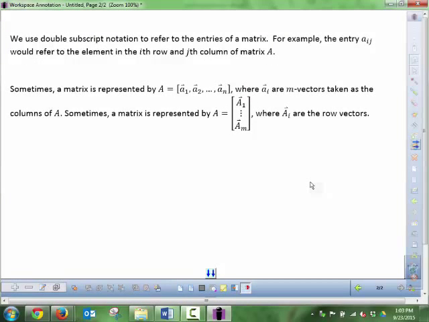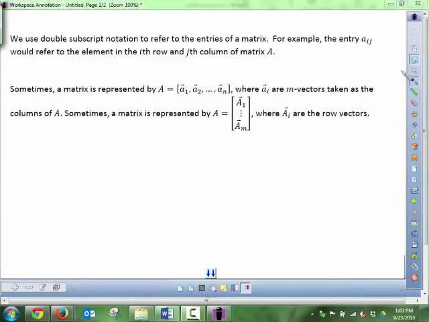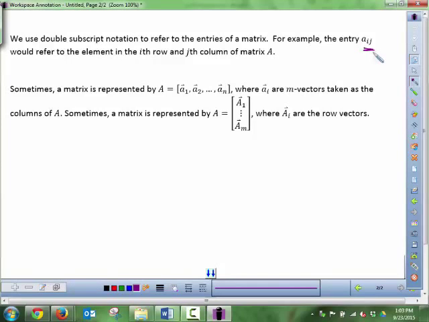We use this double subscript notation, where the first subscript i is the row and the second subscript j is the column.